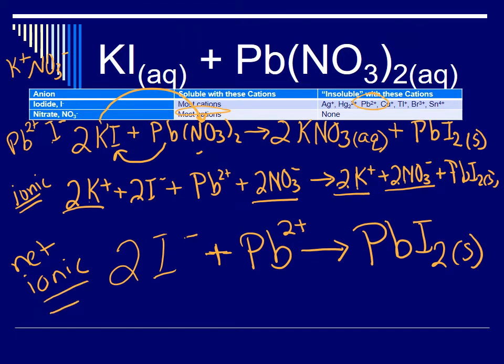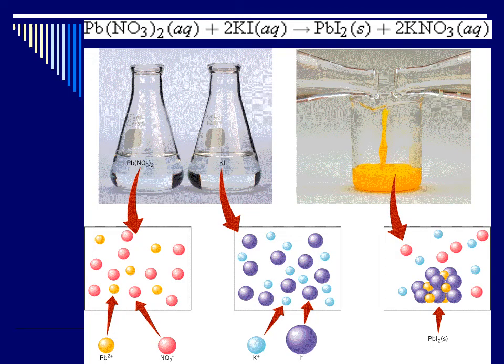So let's go back and look at the picture and see if we can really look to see what's happening once we get on that magic school bus and take a look at these. All right, so here we are back at our diagrams of those different compounds. So here I have lead nitrate. Now remember, lead nitrate says AQ at the top.